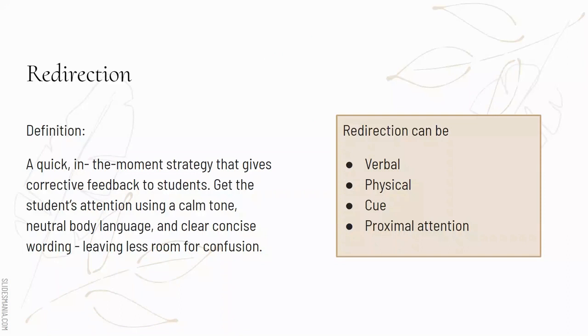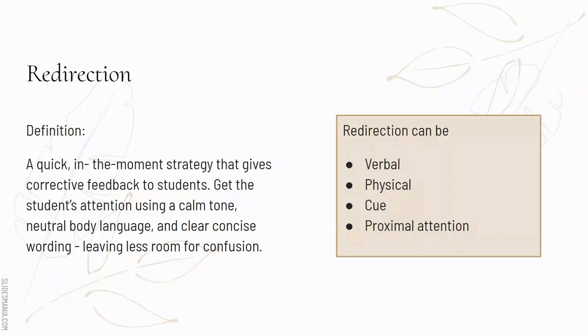Next, we'll take a look at redirection. Redirection is defined as a quick, in-the-moment strategy that gives corrective feedback to students. You want to get the students' attention using a calm tone, neutral body language, and clear, concise wording, leaving less room for confusion.